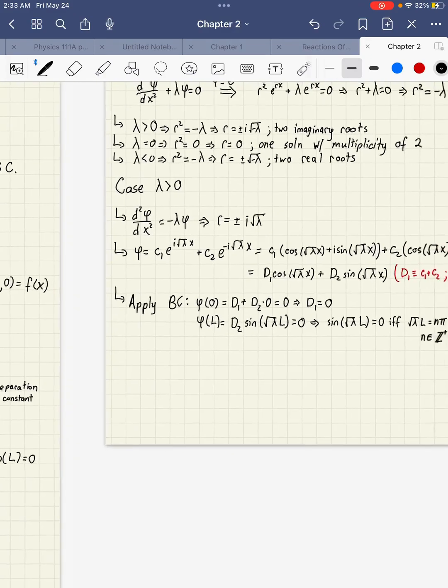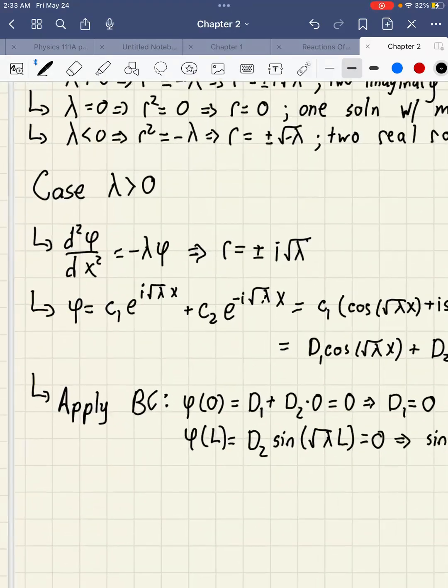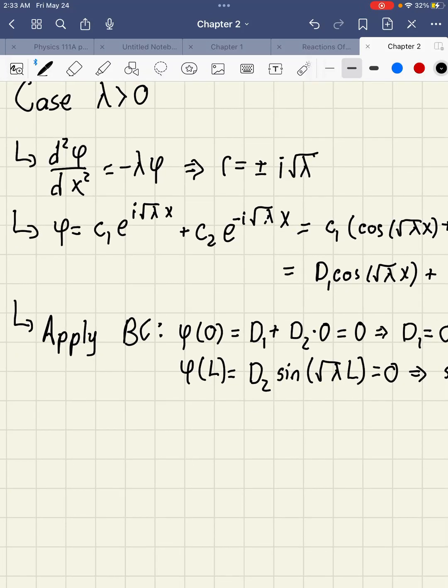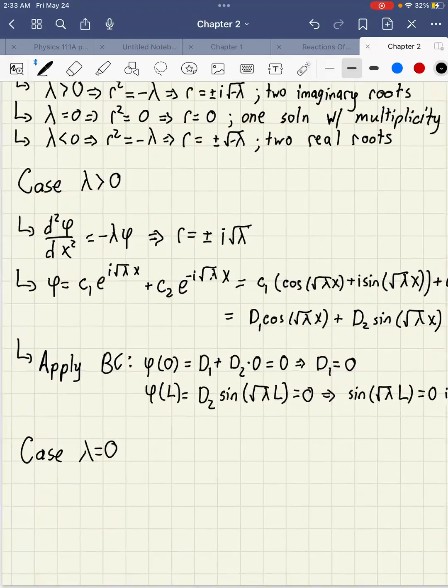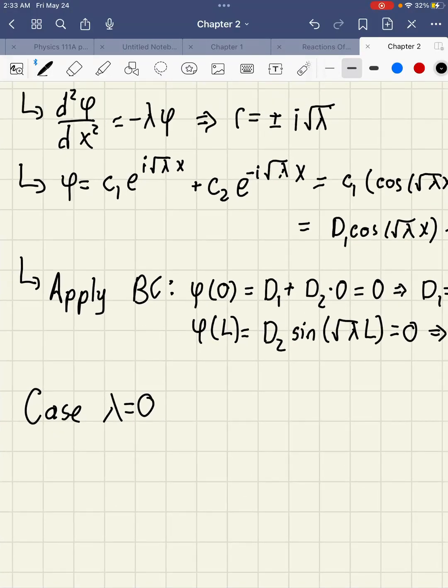equal to 0. Okay, so let's look at this case 2, when my lambda is equal to 0. In this case, I get that my second order differential equation is equal to 0.